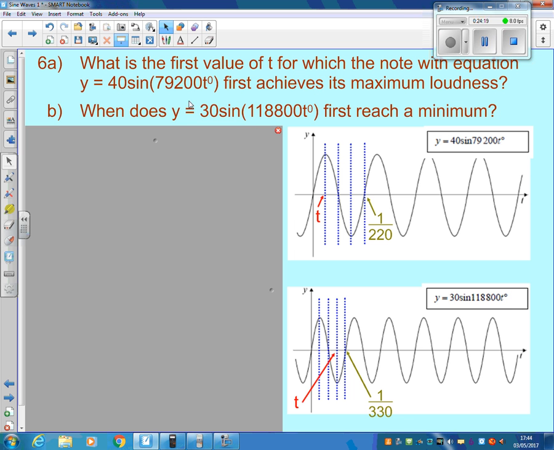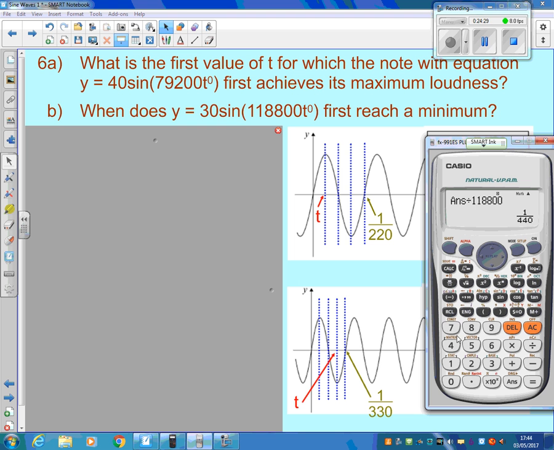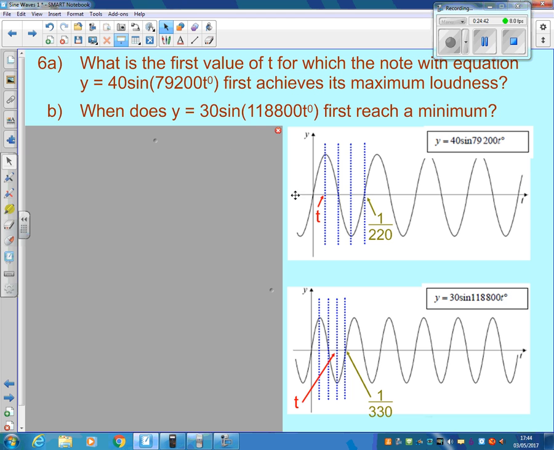The first thing we need to do is find the period, or the frequency. If I take my 79200, divide it by 360 to get my frequency, the period is 1 over 220. We've already done that a bit earlier in the video.